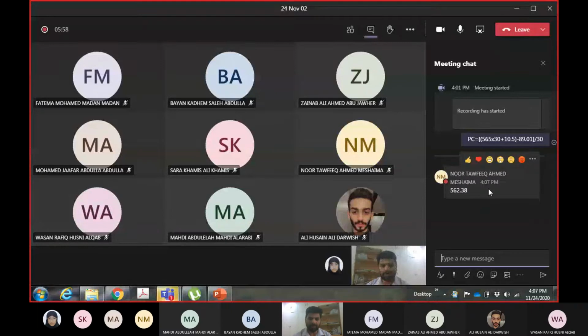Yeah, so 0.38. So basically it is 562 full stations, then 0.38 multiplied by 30, so it will come out to be 562 plus 11.4.